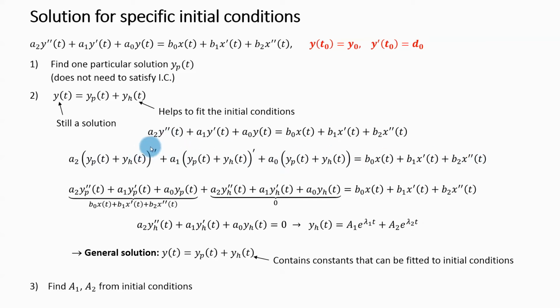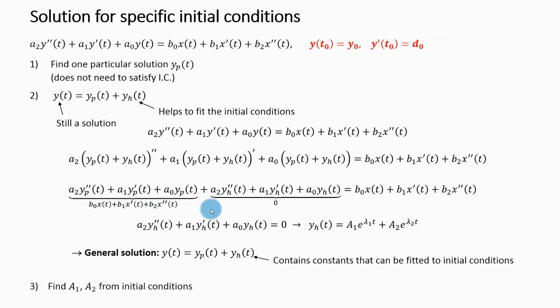Now I can distribute these derivatives and rearrange the individual terms so that I put together all the terms with the particular solution y sub p, and I put together all the terms with the new function y sub h. This function y sub p of t is the particular solution that already satisfies my differential equation. So when you note that this is the left-hand side of my differential equation, this must be equal to the right-hand side of my differential equation.